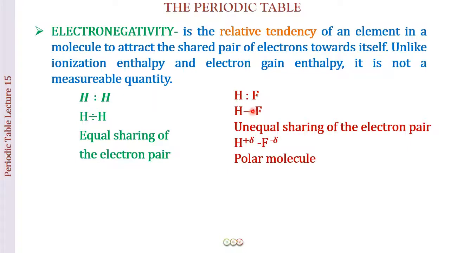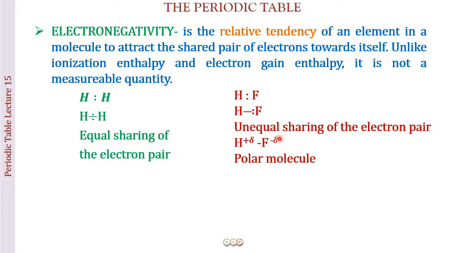And the electron pair, because this moves more towards fluorine, so we say that fluorine has acquired a partial negative charge, and the amount of partial negative charge on fluorine would lead to the same amount of partial positive charge on hydrogen, because as such the molecule is going to be electrically neutral.